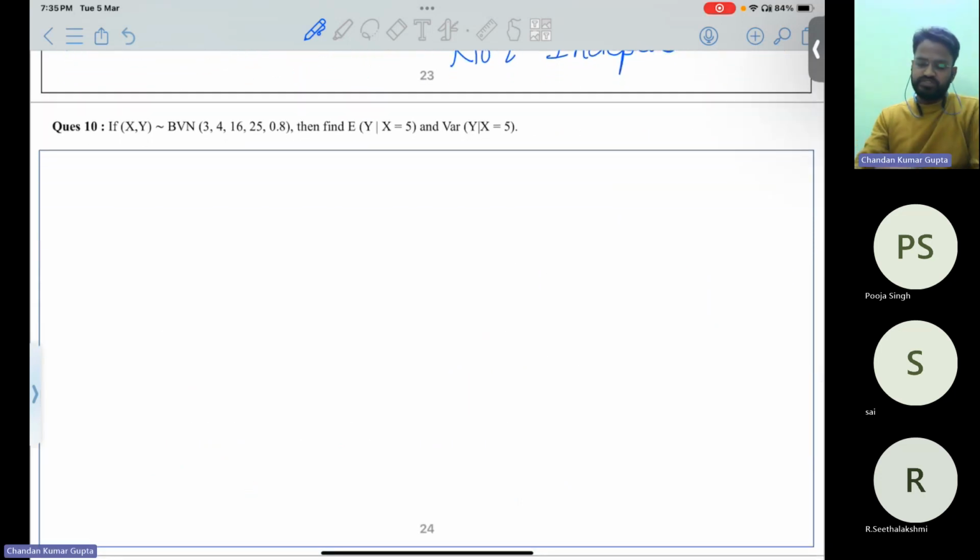Okay, now the next question is: if x follows bivariate normal with these parameter values, we need to calculate the expected value of this, and the variance. As we already discussed, suppose xy is a bivariate random variable, then its conditional distribution is also normal.